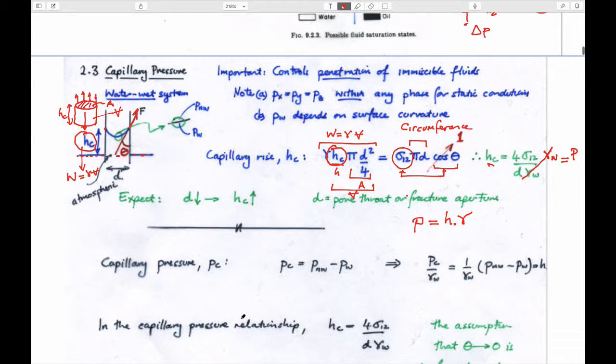And it's useful for us to do that because what we can then do is we can define something called the capillary pressure. And the capillary pressure is just the pressure difference between the pressure in the wetting fluid, think water, and the pressure in the non-wetting fluid, think oil, or air for that matter, in the vadose zone.